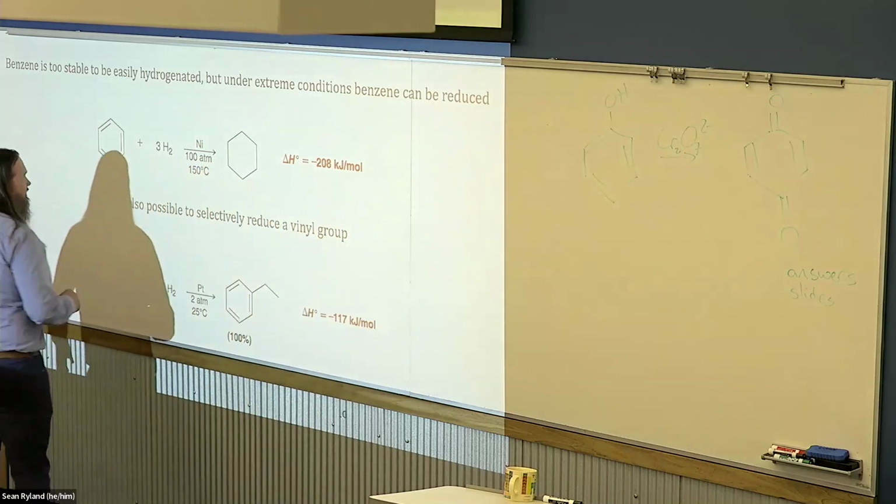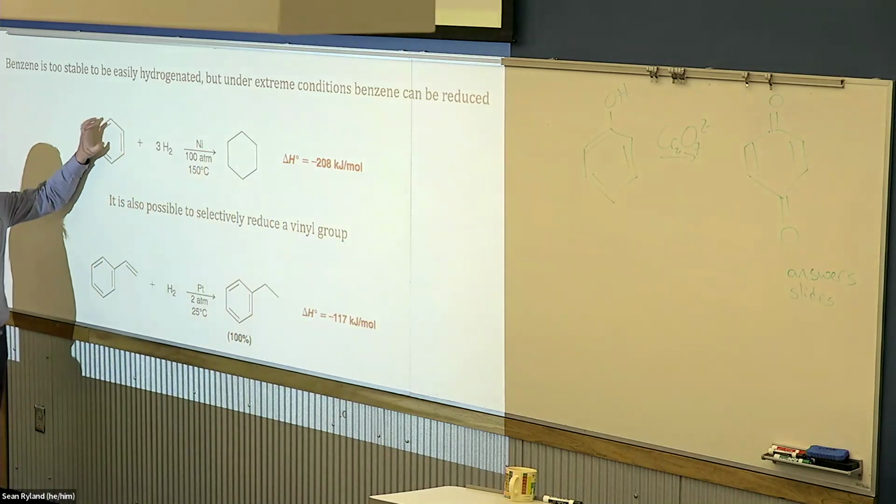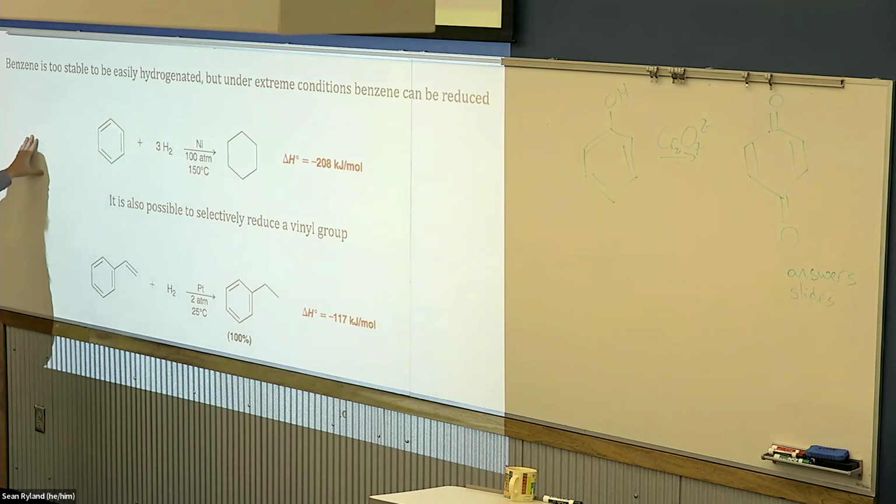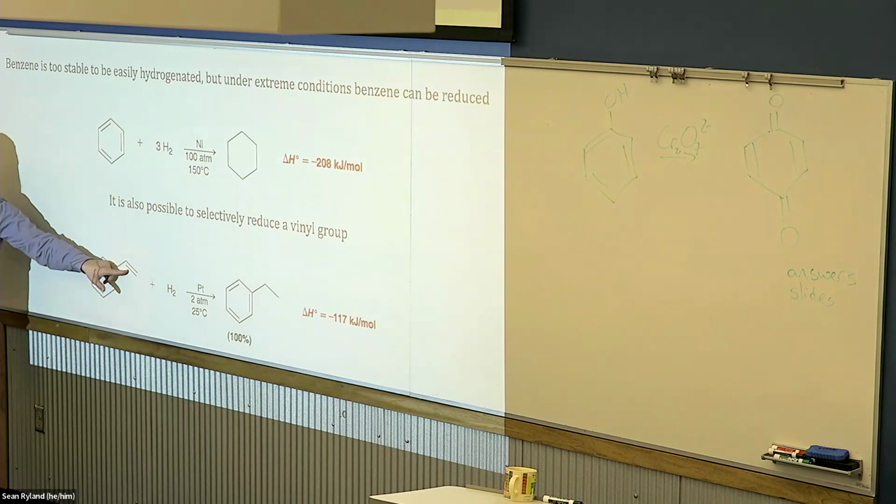However, the fact that the benzene doesn't really want to be reduced or hydrogenated means that we can hydrogenate vinyl groups or alkene groups, even if they're conjugated with the benzene ring, as long as we're not breaking the benzene ring.